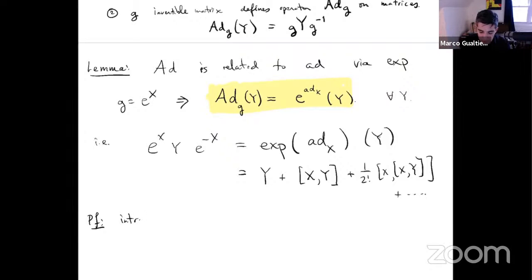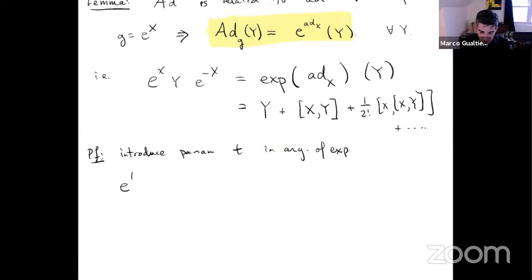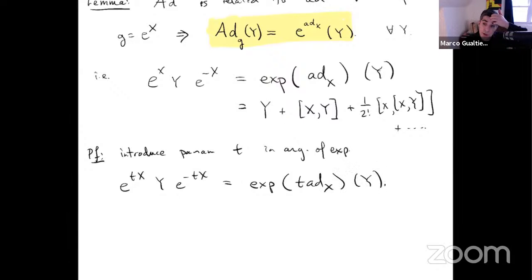So we'll introduce a parameter t, and we'll try to prove e to the tx y e to the minus tx is equal to the exponential of t ad x applied to y. For t equal to 0, it's obviously true. Great, so we're halfway home.